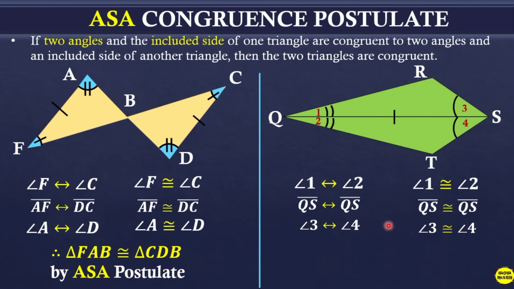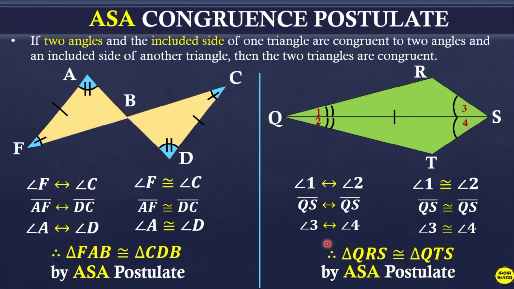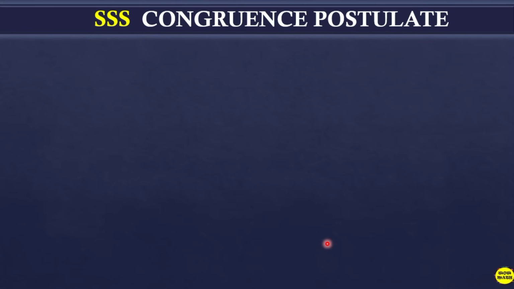So, from here, we can conclude that triangle QRS is congruent to triangle QTS. So, again, lagi kong sasabihin na make sure na tama po ang arrangement nito. Okay? So, why are they congruent? By ASA congruence postulate.